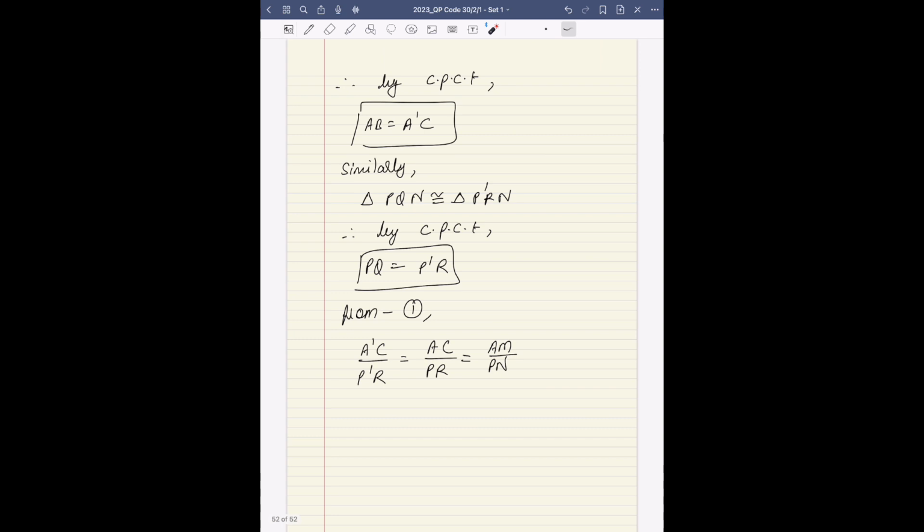Okay. So let's write this as A dash C divided by P dash R is equal to AC upon PR is equal to, we'll write here, AM into 2, and then PN into 2.